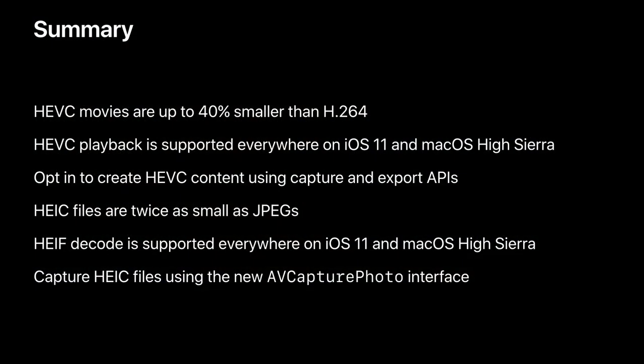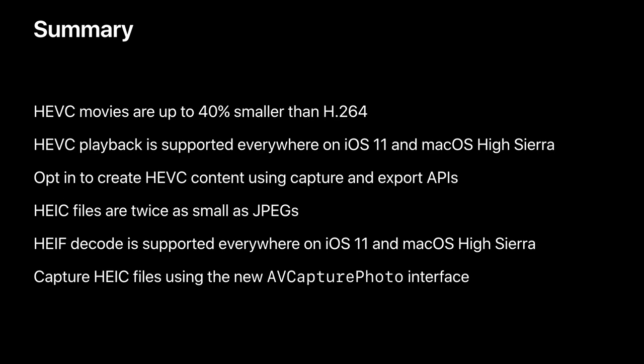All right, let's summarize what we learned today. HEVC movies are up to 40% smaller for general content than H.264, and for camera content on iOS, they are 2x smaller. Also, HEVC playback is supported everywhere on iOS 11 and High Sierra, sometimes with software, sometimes with hardware.